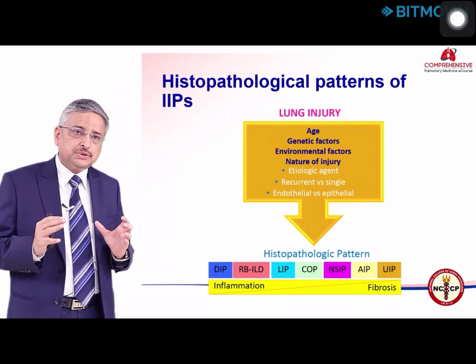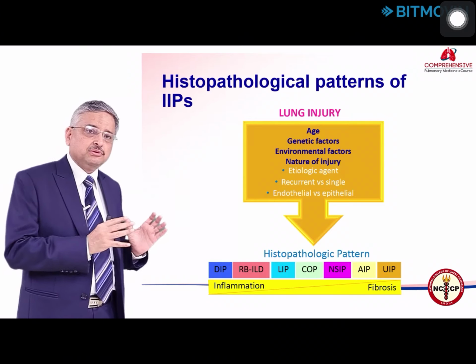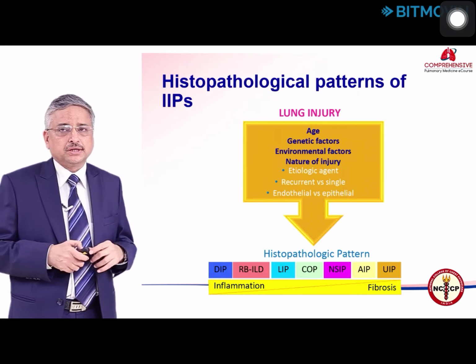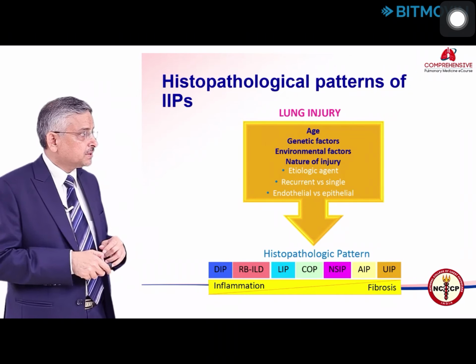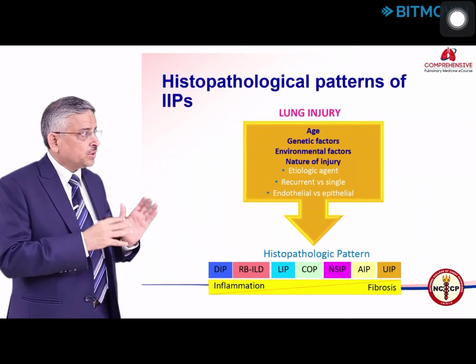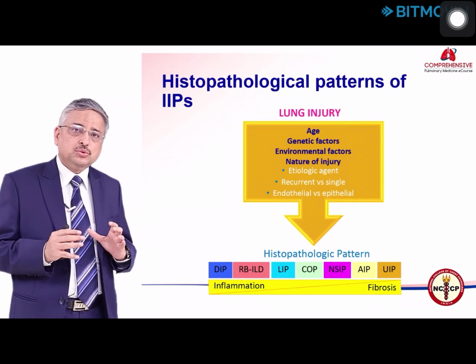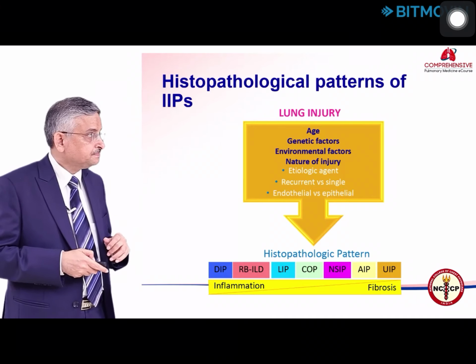So, it is important to remember that if you have an inflammatory type of ILD, steroids will be very useful, but if you have a fibrotic type of ILD, you are looking at anti-fibrotic drugs. You have this whole range of histopathological patterns, from DIP and RB-ILD where there is a lot of inflammation, to AIP and UIP where there is a lot of fibrosis, and your treatment strategy will vary depending upon the type of interstitial lung disease that you are looking at.